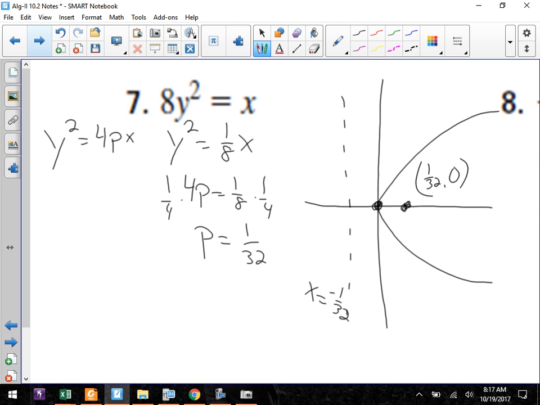It's okay that it's not drawn to scale. It doesn't have to be. We're just getting a visual representation of what something looks like to be able to identify parts. Because I know the distance from the vertex to the focus is 1/32, and the distance from the vertex to the directrix is also 1/32. Not terrible?